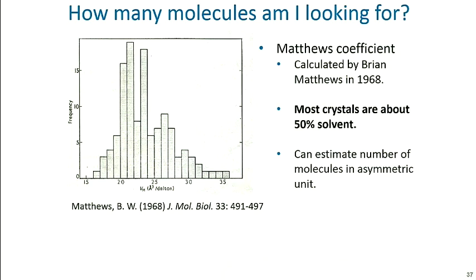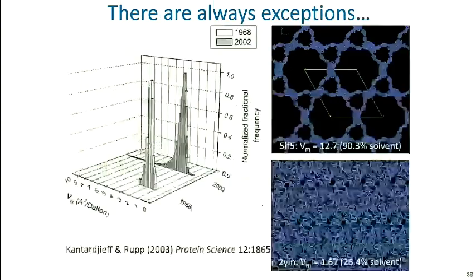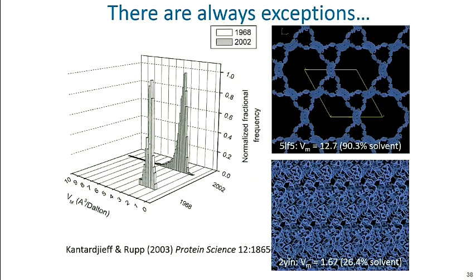And this is just a warning about Matthews coefficient. If you go through the PDB and look at all the structures, on average, about 50% of each crystal is protein or macromolecule. About 50% is solvent or empty space. But there are exceptions, and so when you estimate the number of molecules, bear in mind these two exceptions.